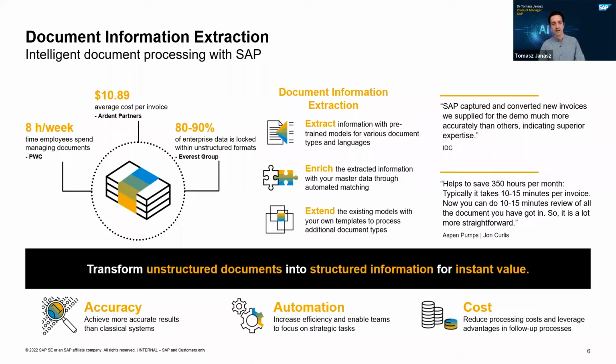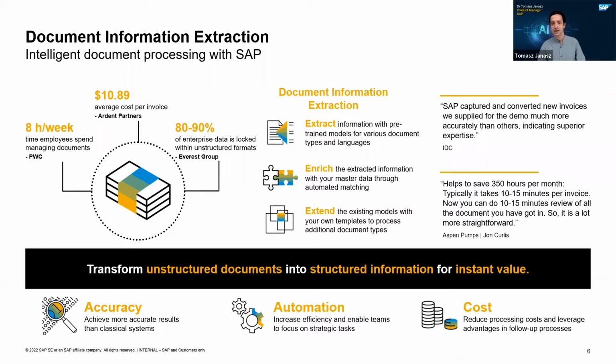The numbers on the left side show how cost intensive these processes are. Up to 8 hours per week, employees spend time on processing business documents. Still, over $10 is an average cost for processing a supplier invoice. And up to 90% of enterprise data is still locked within unstructured formats.